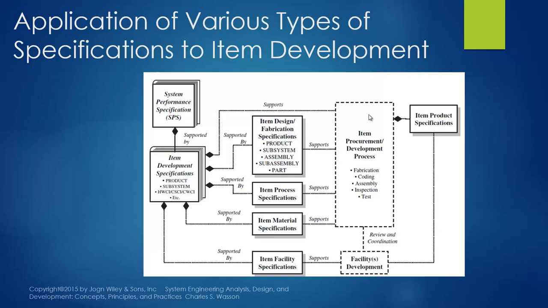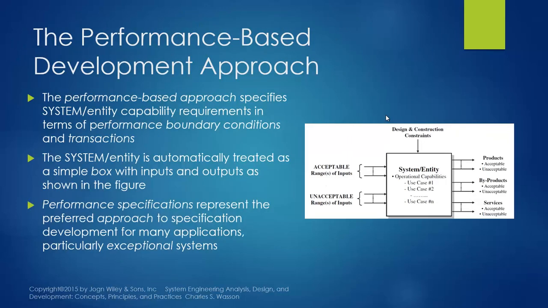The item development specifications will be supported by item design or fabrication specifications, item process specifications, item material specifications, and item facility specifications, all of which will be translated into the item procurement or development process to produce the item based on the product specifications. So with all these being known, that will be translated into the item or product specifications.